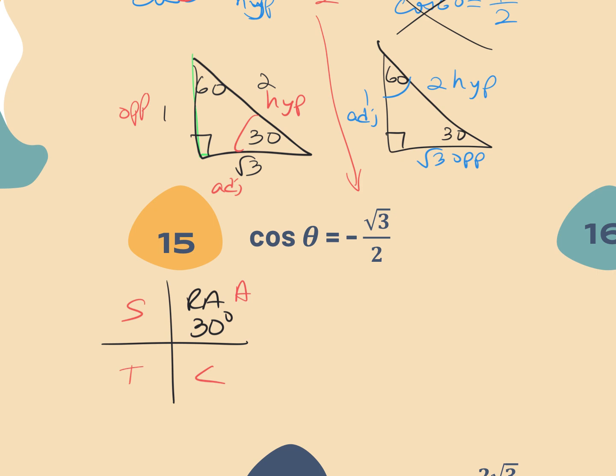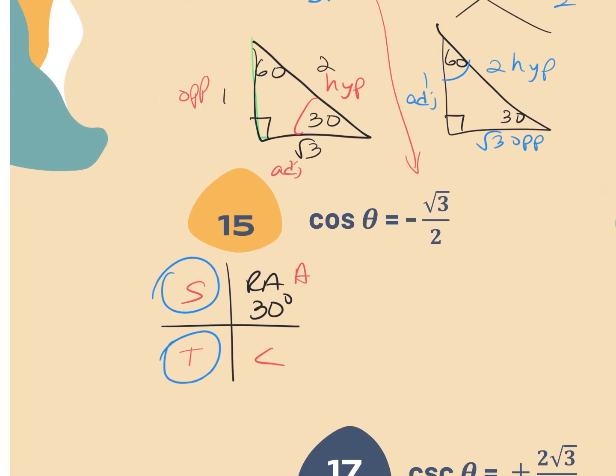I need to figure out which quadrants cosine is negative, and cosine is going to be negative here and here. Now the reference angle is not part of the answer. I just needed to find it to figure out the angle from quadrant 2 and quadrant 3.